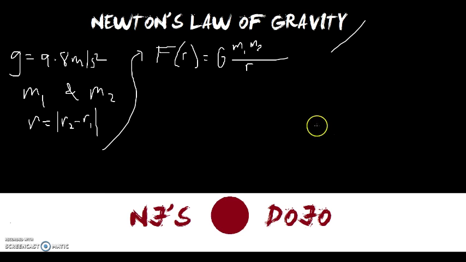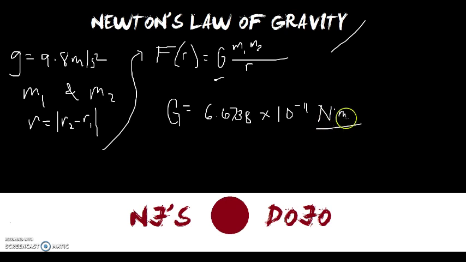The proportionality constant G is called the universal gravitational constant and has the value, to 4 significant figures, G equal to 6.6738 times 10 to the power of negative 11 newton meters squared over kilograms squared. So let's try to answer another simple problem using Newton's law of gravity.